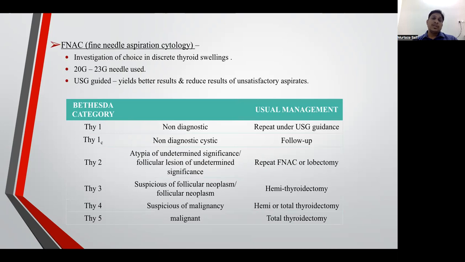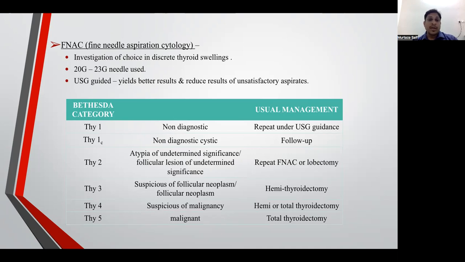Then fine needle aspiration cytology, FNAC, is the investigation of choice for discrete thyroid nodule swellings. A 20 gauge or 23 gauge needle is used. USG guidance yields better results and reduces unsatisfactory aspirates. Then there is the Bethesda category. Category 1, non-diagnostic: repeat FNAC with USG guidance. 1C, non-diagnostic cystic: follow-up.